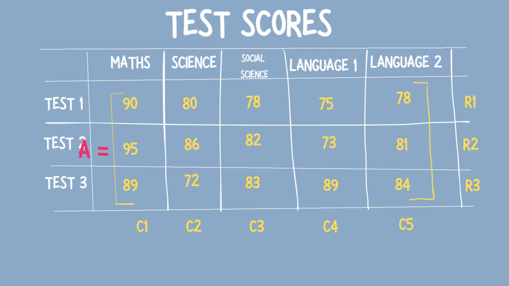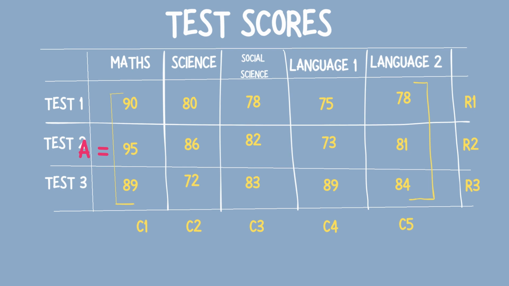R2 represents test 2 scores of all 5 subjects. R3 represents test 3 scores of all 5 subjects. Similarly, C1, which is column 1, represents math score in all 3 tests, test 1, test 2 and test 3. C2 represents science scores in all 3 tests, and so on.